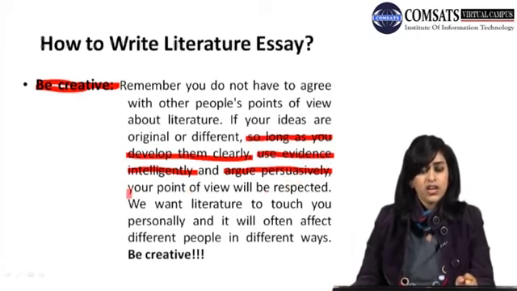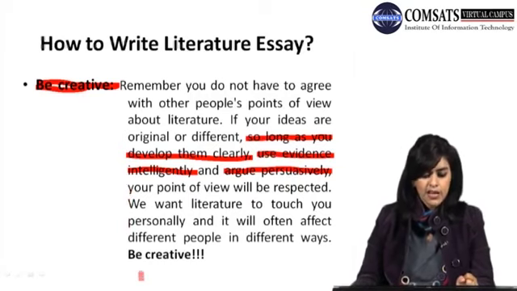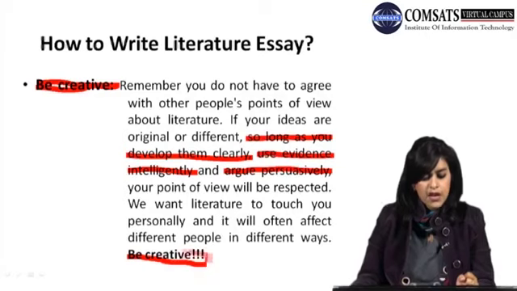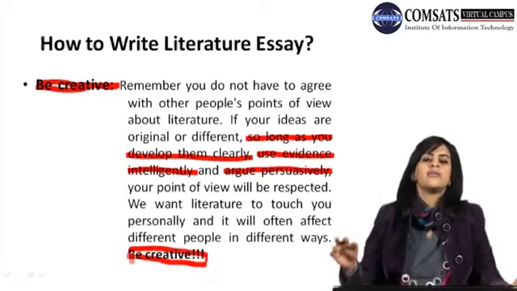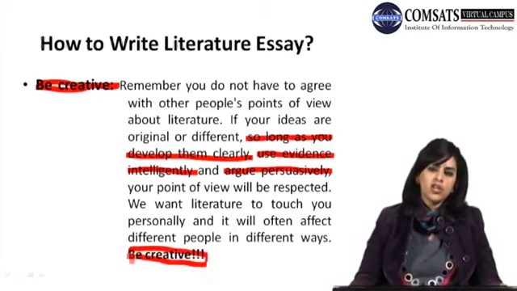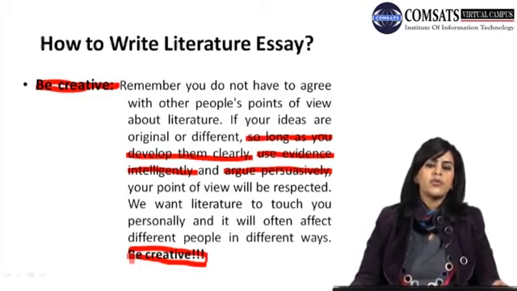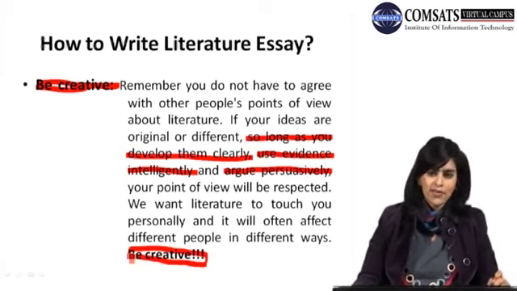We want literature to touch you personally, and it will often affect different people in different ways. So you are supposed to be creative, to touch the emotions of your reader and to make them see how much you can persuade them by providing your genuine ideas in a very clear and concise way.